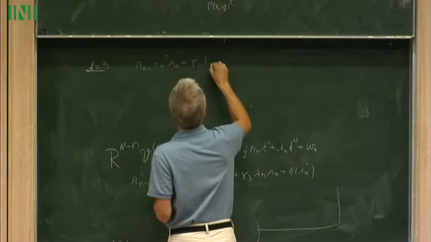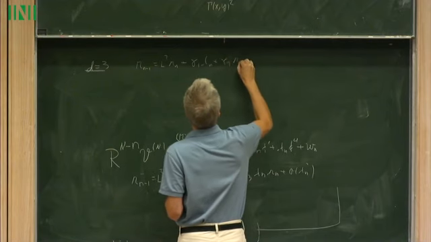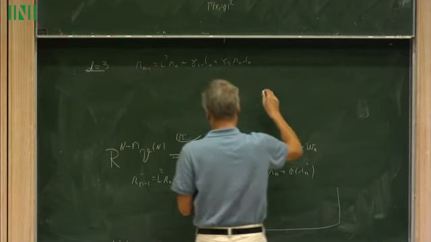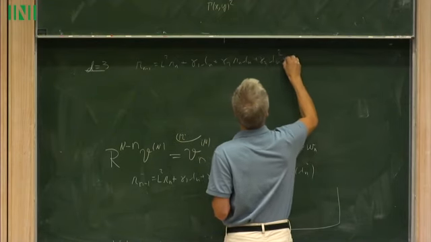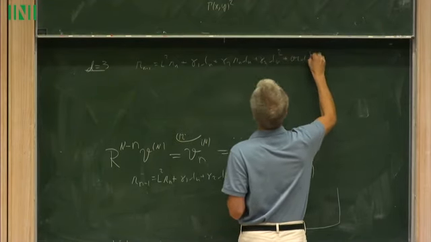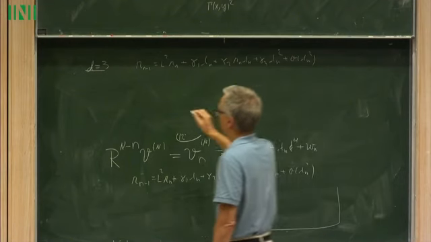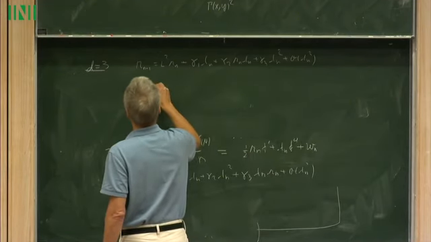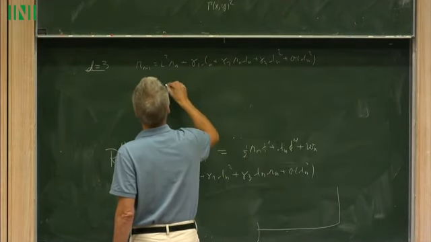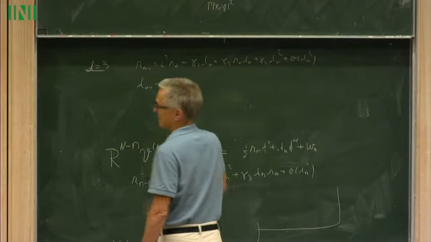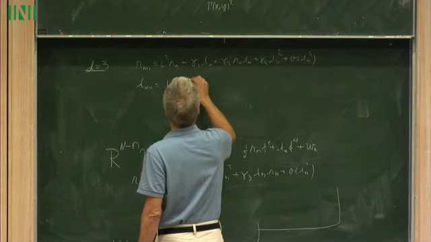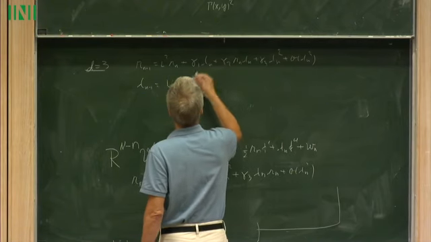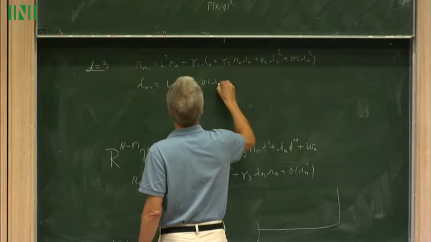Gamma 1 lambda n plus gamma 2 Rn lambda n plus gamma 3 lambda n squared. But now lambda n minus 1 is what? L to the 3 minus 4 is 1, so L times lambda n plus gamma 1 plus order lambda n squared.